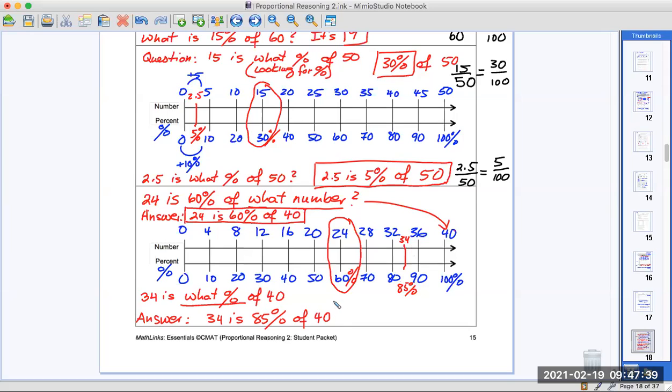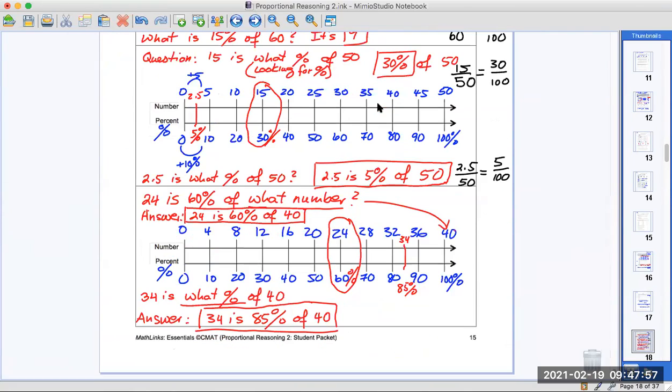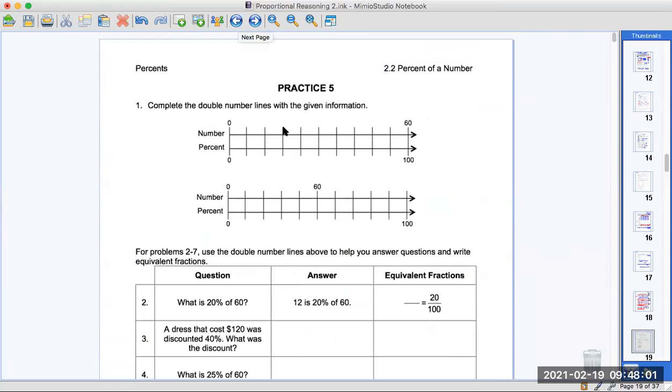Count up by 2. And there you are. This is how you can use the double number line. Not saying that you have to do that every time, but this is a tool you can use. This was page 15. Let's move on. This is notes. Make sure you have your notes completed. Okay? Take a break, pause the video.